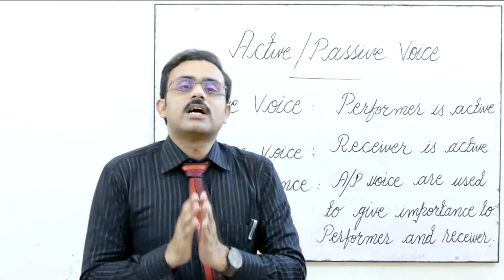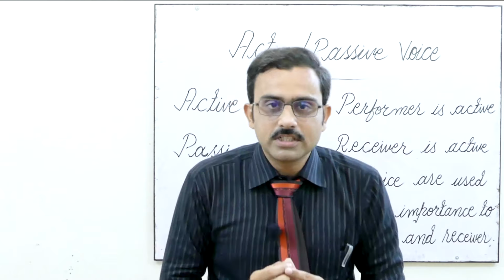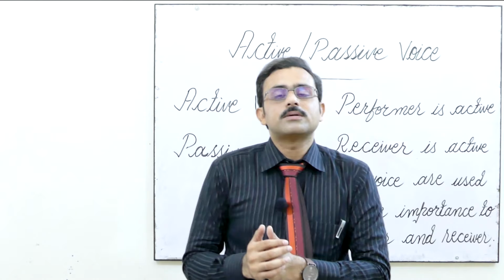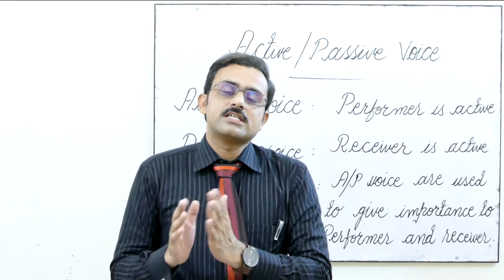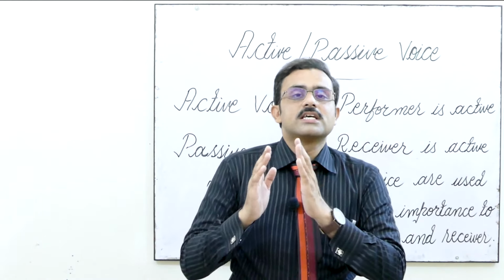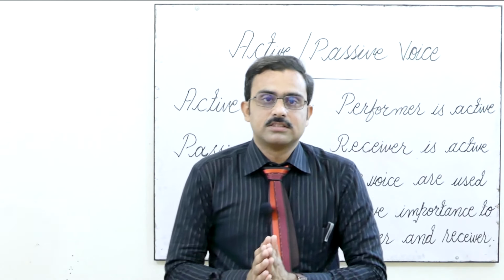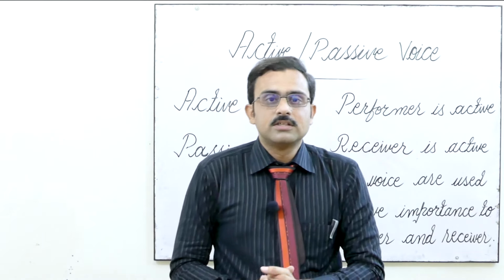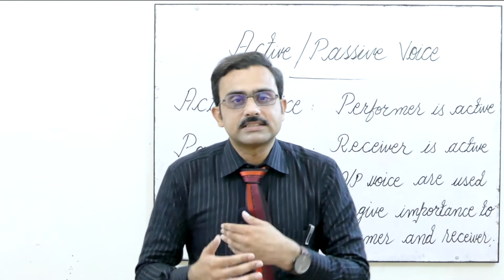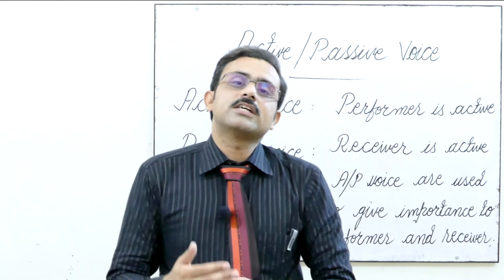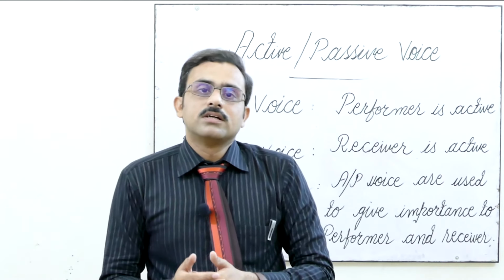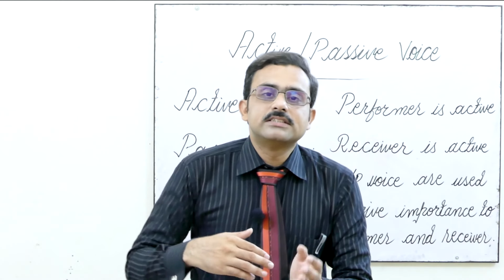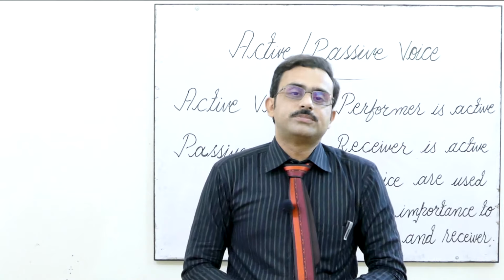Got that? I said in active sentences, your performer, doer, subject, he or she is in active form, means he is directly performing the action. So the prominence is being given to the subject. But in passive voice, the object is prominent. The action is being performed, but it is directed to the object.